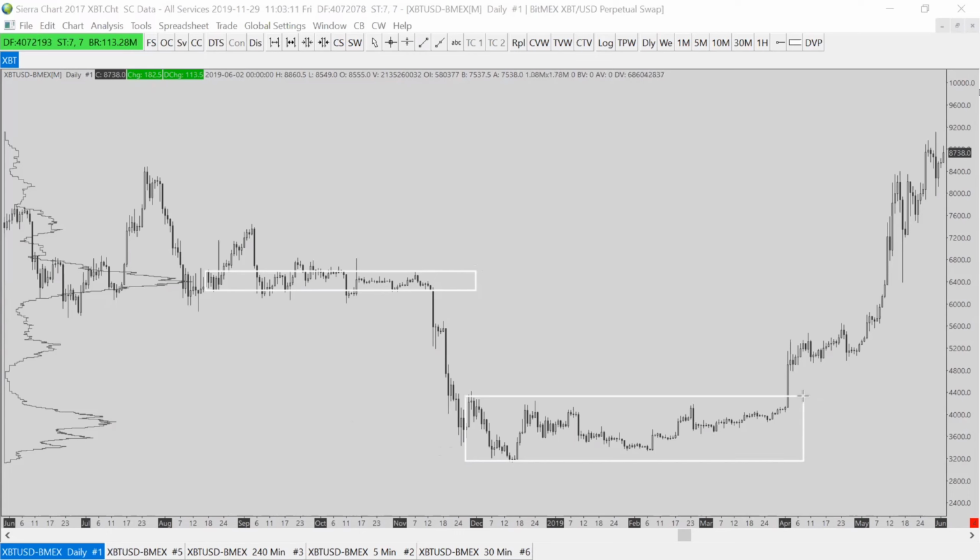So when price breaks out of an HVA and into a low volume area, a thin or illiquid move like this, okay, you should always be looking to trade with the short-term trend.